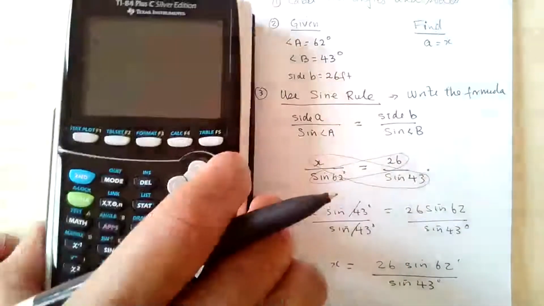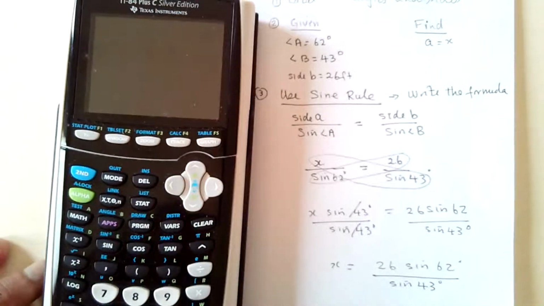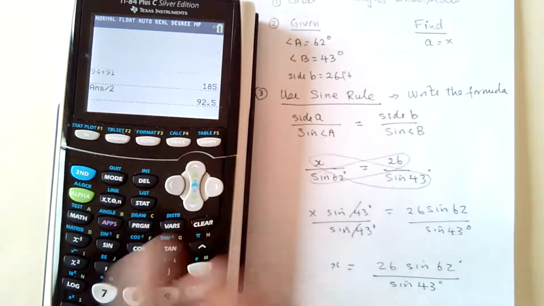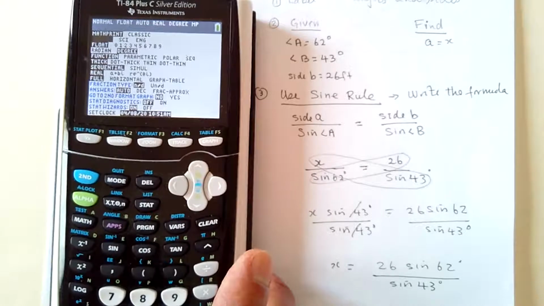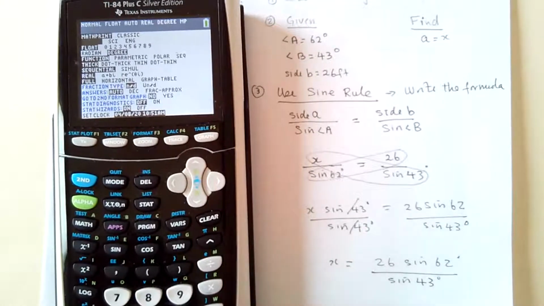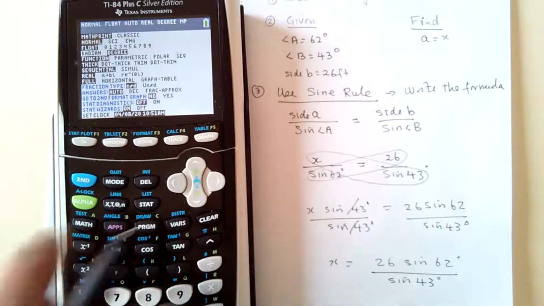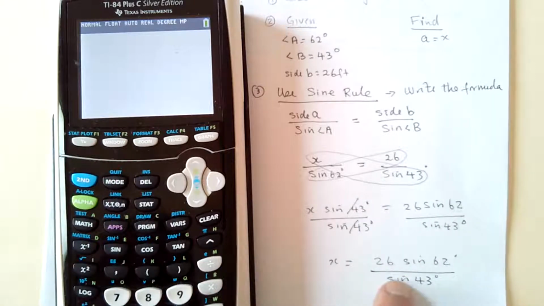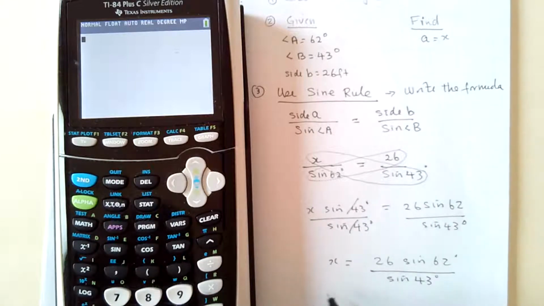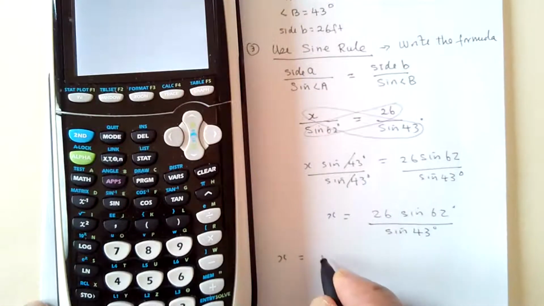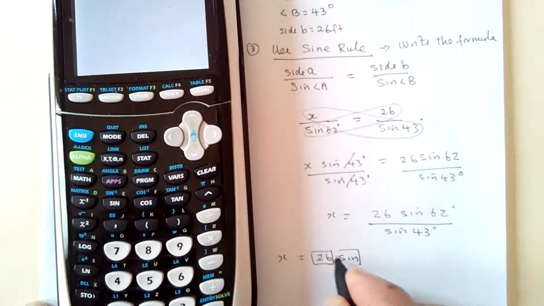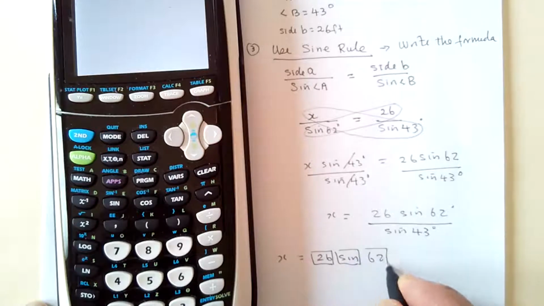Then I'll have to go to my calculator. Make sure you're in degree mode, which I am. So I enter exactly what I see here. X is equal to 26 sine 62.